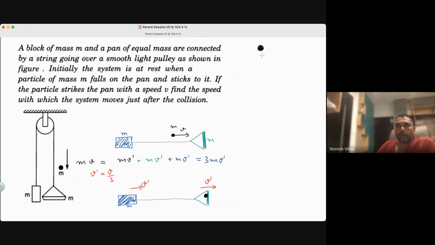Do it for the black body. So initial momentum is how much? mv, right? It strikes something. Which way will it get the impulsive force, guys? Which way? Bolo, bolo, jaldi bolo. It is going and striking the pan. Which way will it get an impulsive force?